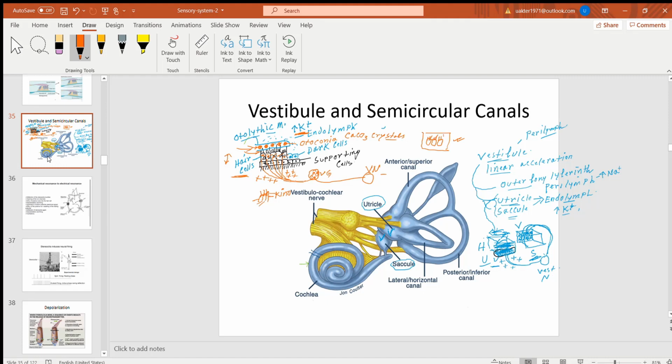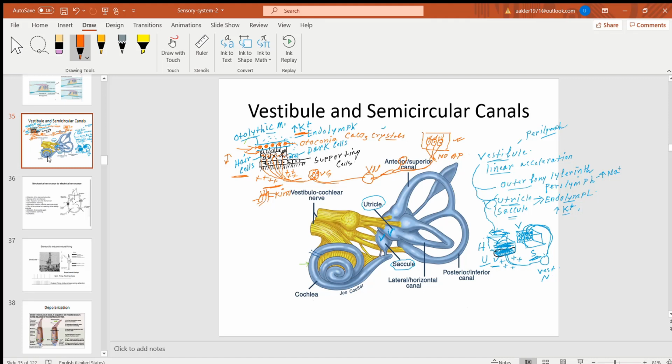So very little or no action potential will be generated here. Okay, no action potential. And on this side, a lot of action potential. So signal will be taken to the brain from both ears at the same time, because you have two ears and both are moving in horizontal acceleration.